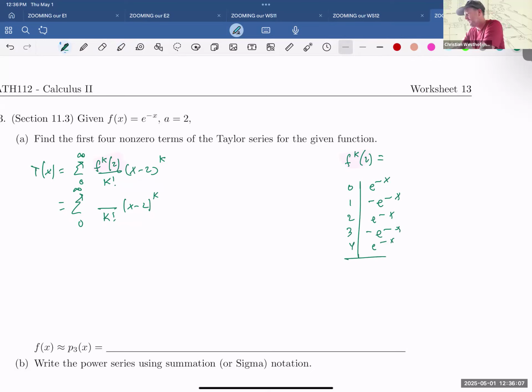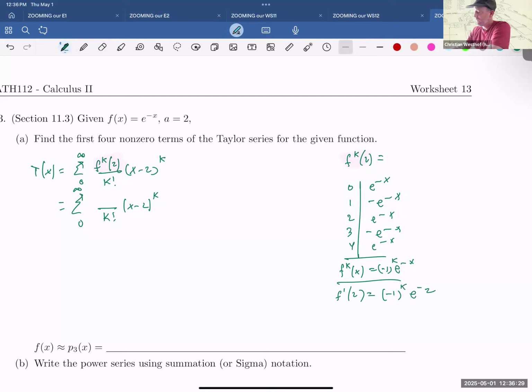You'll notice the kth derivative at x would be e to the negative x, but they're all negative on the odd k values, so negative 1 to the k. And we need the kth derivative at 2, so we're plugging in 2, not for k, but for x.